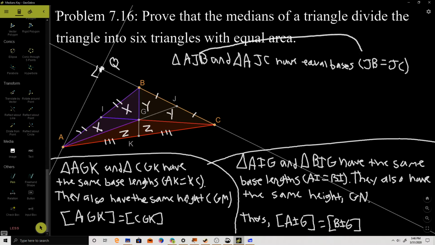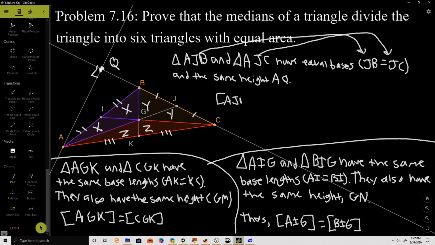So that's the base for AJB, and AJC has the base JC. And I've also just shown that they have the same height, which is AQ. The areas then must be the same. So the area of AJB is equivalent to the area of AJC.